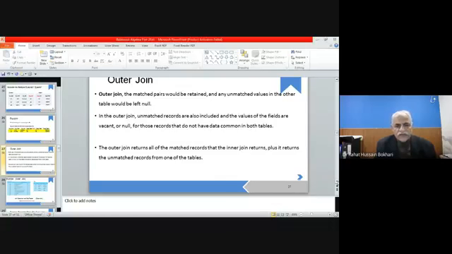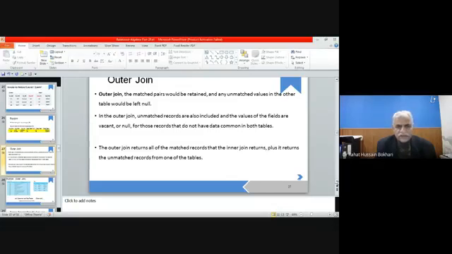So in the outer join, unmatched records are also included, not only the matched records. But for the unmatched record, the values from the table that does not have the match should be considered as null.